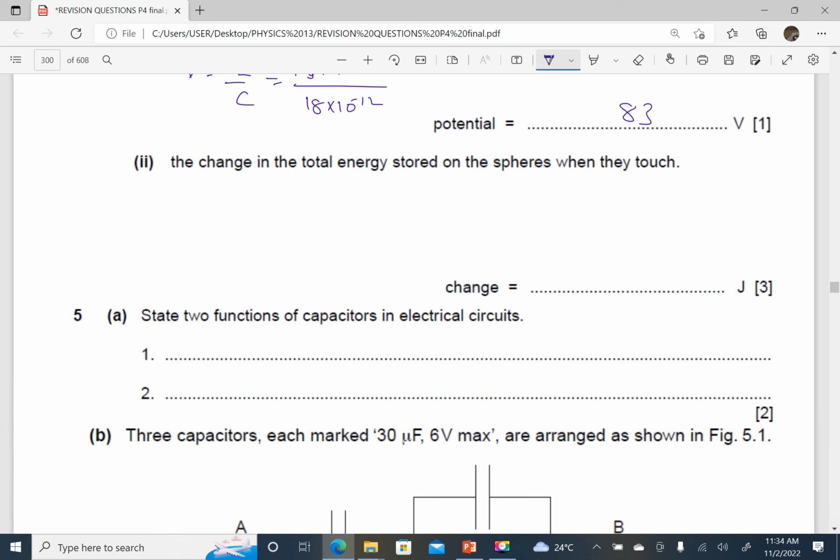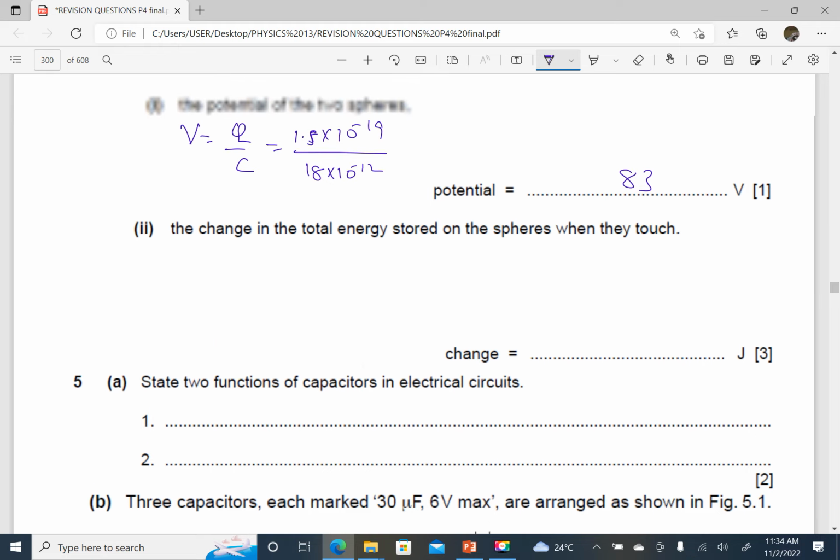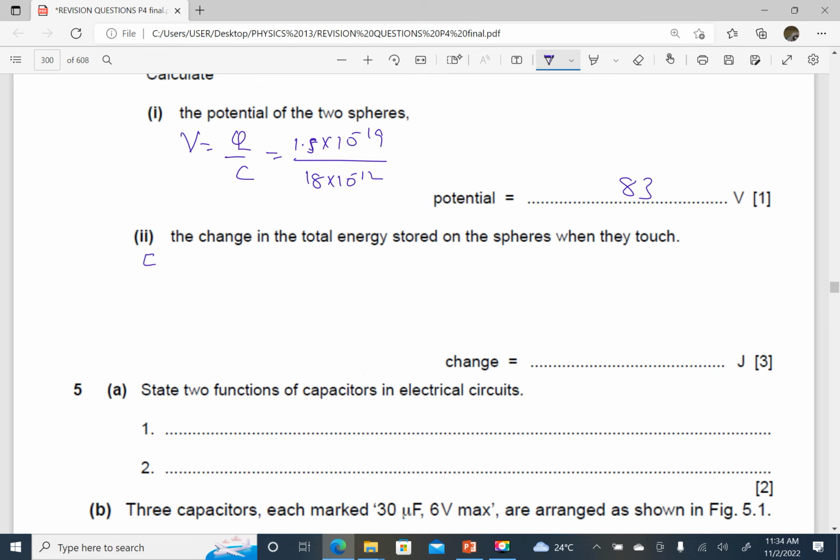Then part 2, the change in the total energy stored on the sphere when they touch. Note that energy of a capacitor stored is half CV squared. So the change in energy: the energy stored before they are put together is going to be a half times the capacitance, 6.8 times 10 power negative 12, times the PD before they were put together, 220 volts.